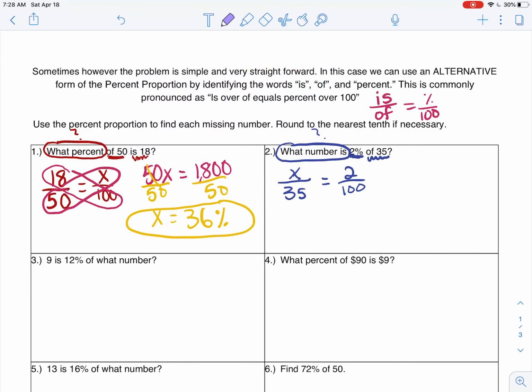And again, let's cross multiply. So we get 100x equals 70. And then we're going to divide by 100. You get x is equal to 0.7.